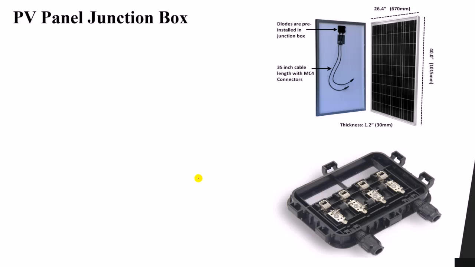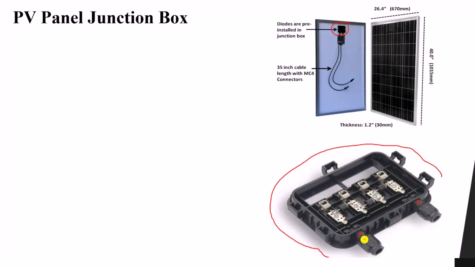Now if we look at the junction box here, this is our junction box, this part. If we look at it closely, you will see that we have two terminals. You can see here positive, and you can see negative. So we have the positive terminal of the panel or the junction box, and the negative terminal.